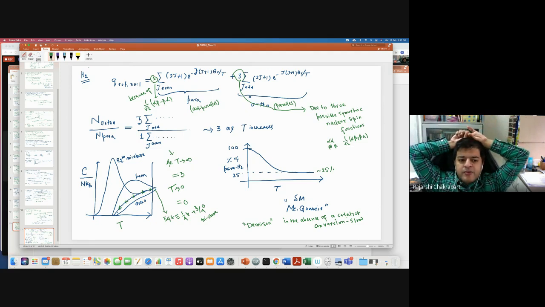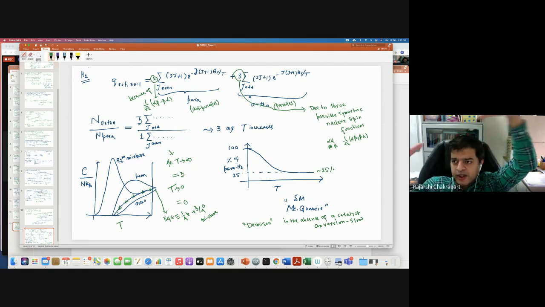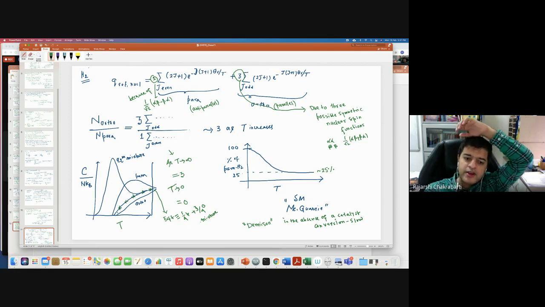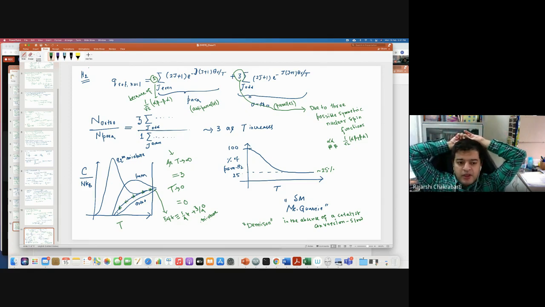In the intermediate temperature, people have done another experiment where they have shown that the equilibrium mixture has this kind of behavior, shown like here. But this is the experiment done initially, where you take a mixture of ortho and para hydrogen at room temperature and you cool it down. Even if you cool it down, you see that they follow this curve, and this curve can be fitted with this 1/4 and 3/4 mixture.